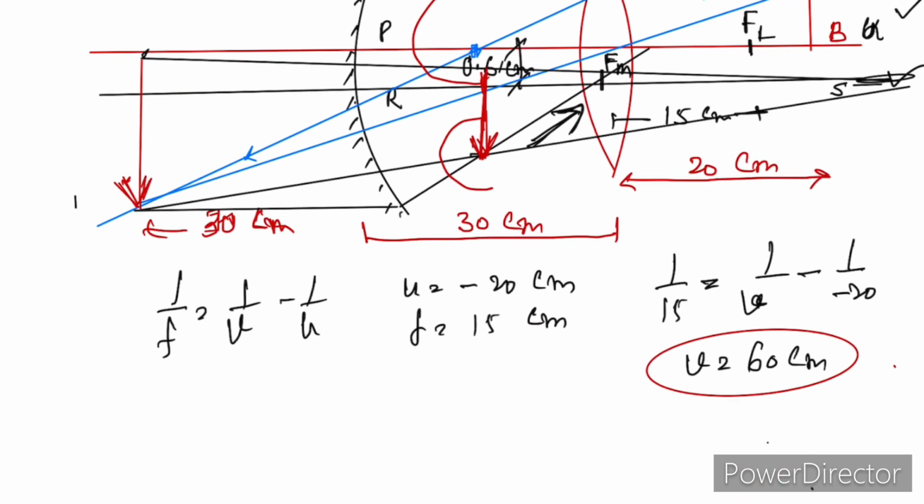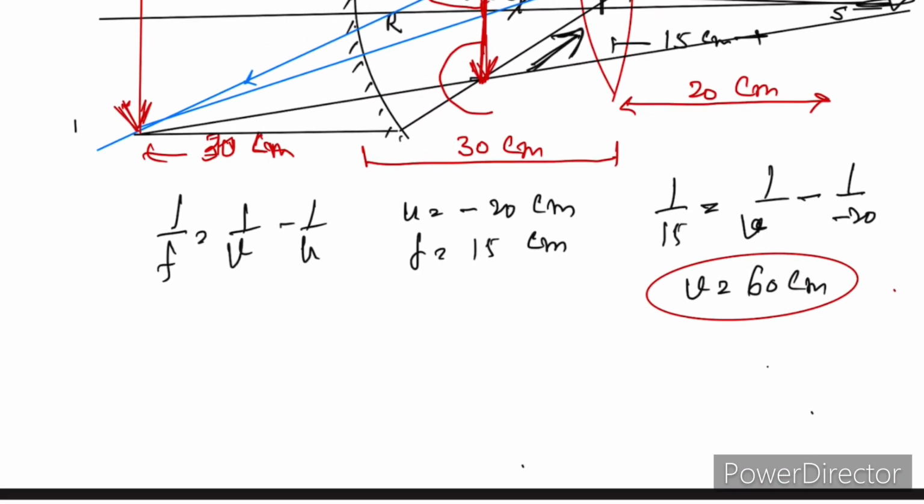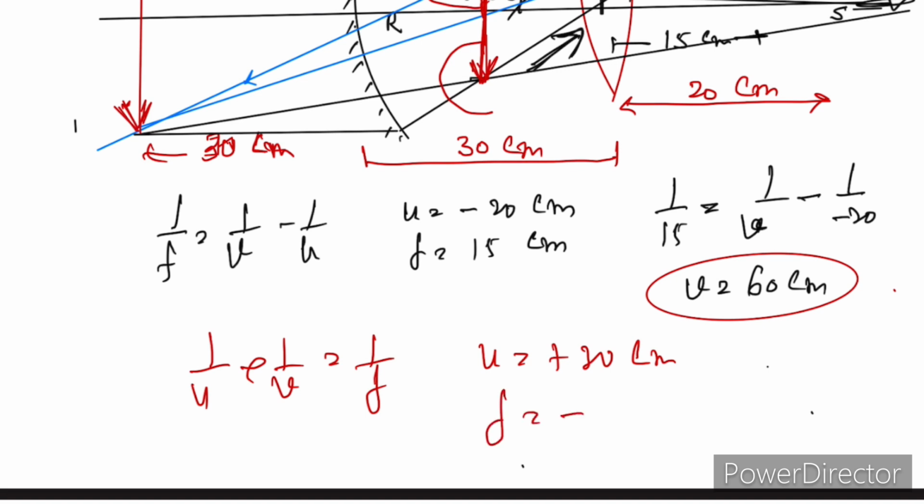First of all, let us find the distance of the final image. How are we going to find it? That we can find out from the mirror formula, and the mirror formula is like this: 1 upon U plus 1 upon V is equal to 1 upon F, and here U is plus 30 centimeter and F is minus 30 centimeter.